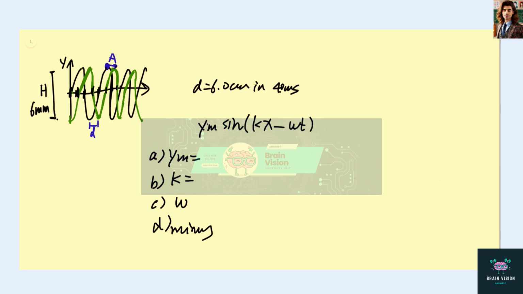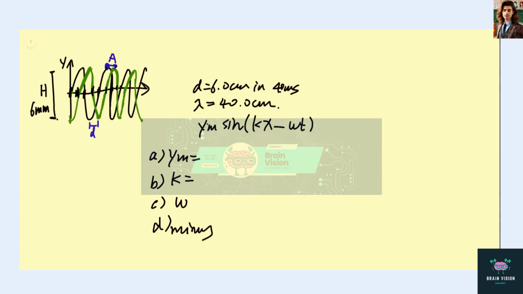So when A moves from here to here, it travels a little bit more than one tick mark. But then the question itself says that the tick mark is 10 centimeter, which doesn't correspond to the graph at all. So this is a mistake that happens for this new edition. So just be aware of that if you are confused about the graph.